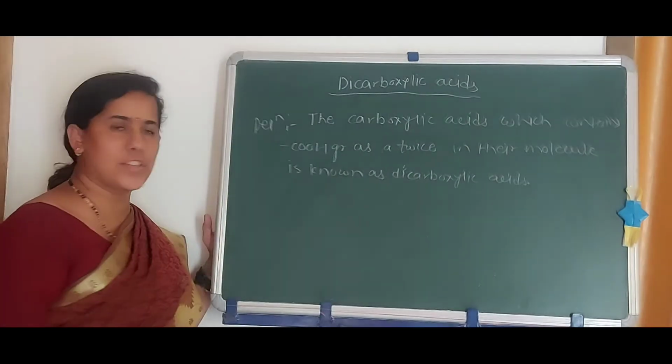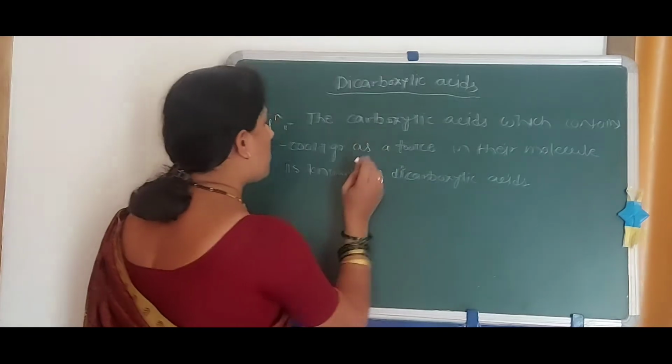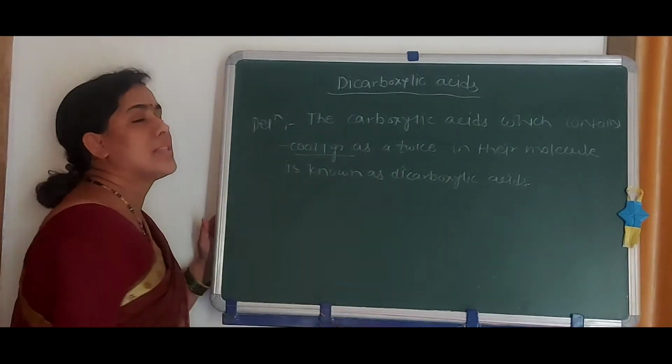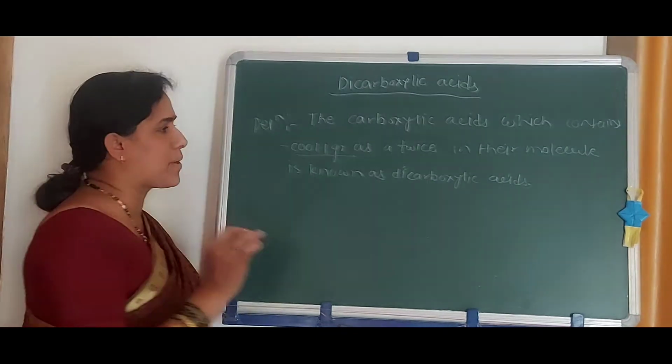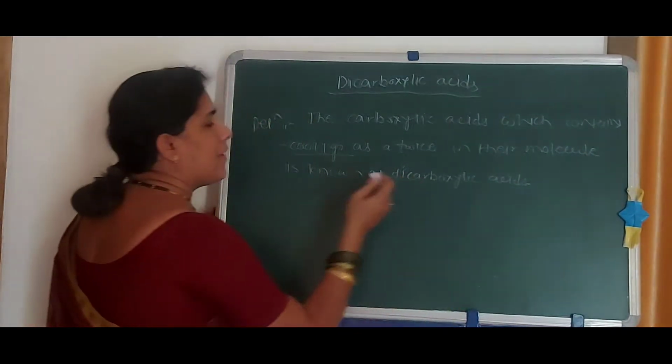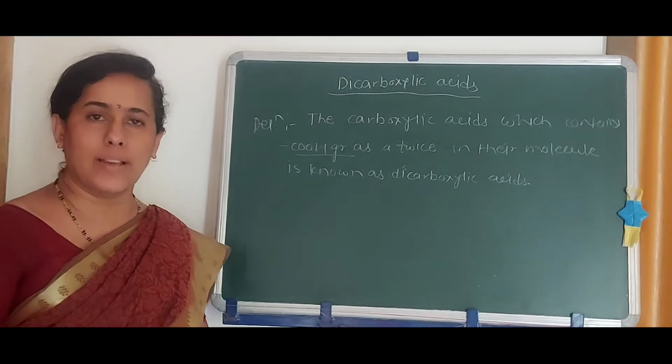See, what is the definition? The carboxylic acids which contain this COOH group, that is the carboxylic group, twice, that is two times present in their molecule, are called dicarboxylic acids.